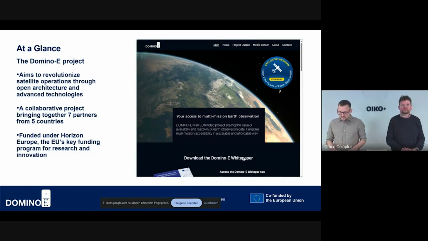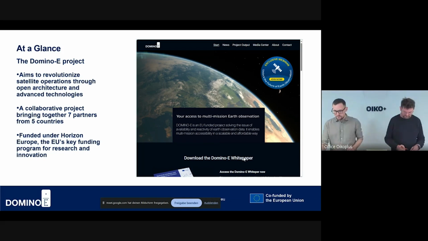The goal is to make Earth observation more interoperable, more developer-friendly, and, most importantly, ready for the future with standardized building blocks called dominoes, and that's what we're talking about today.